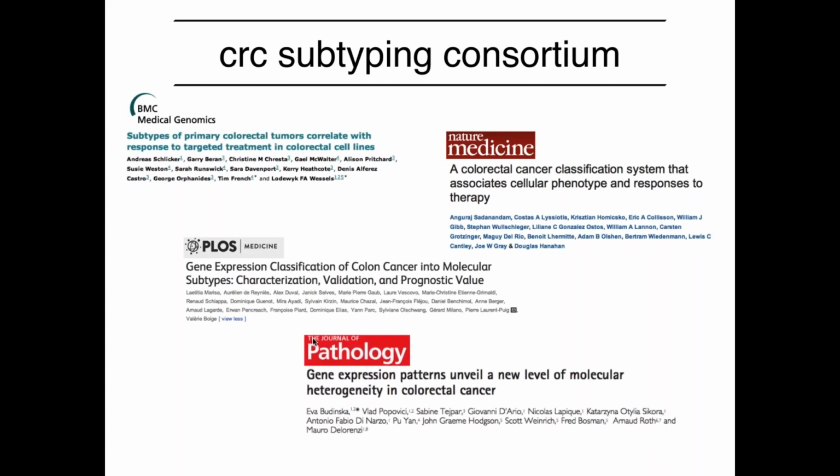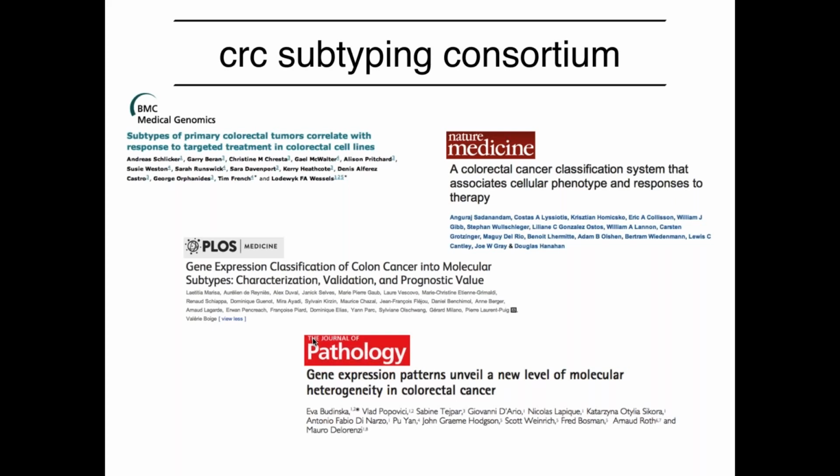There was a series of papers that came out in 2014, all claiming to have the molecular subtypes of colon cancer based on gene expression data. These were all really, really good researchers doing very good work, very similar to the person who developed the algorithm in prostate cancer, castrate-resistant prostate cancer.